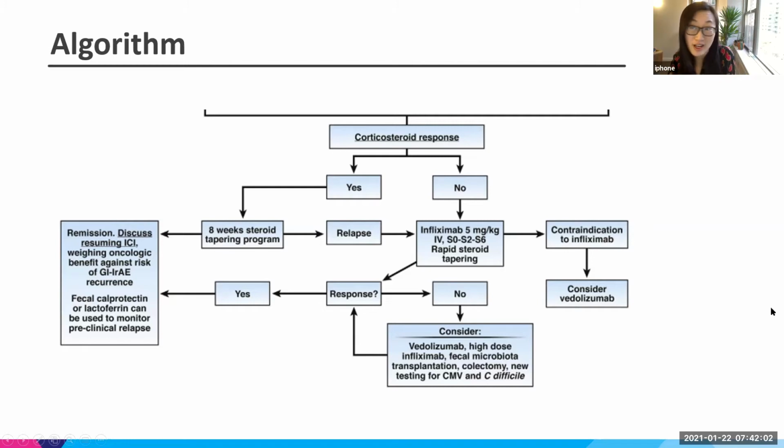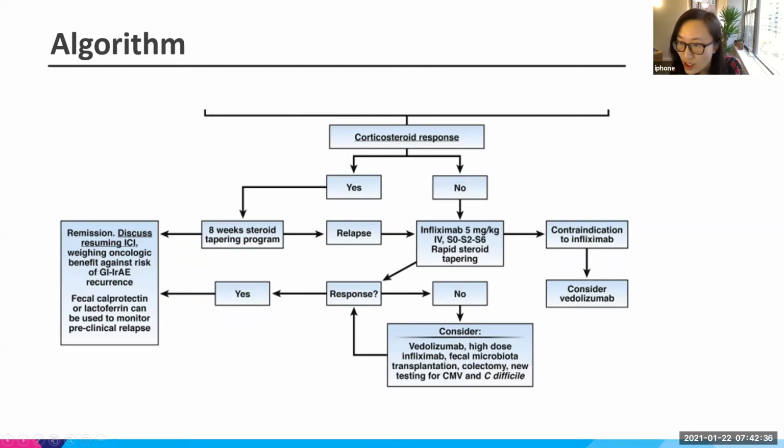This is almost like an IBD type regimen. And then, if they are responding, a taper can be considered, which is what our gentleman ended up receiving. If they do not respond to the taper or they relapse, then they should be referred, in conjunction with the oncologist and the gastroenterologist, for consideration of biologics, including Remicade and also vedolizumab.